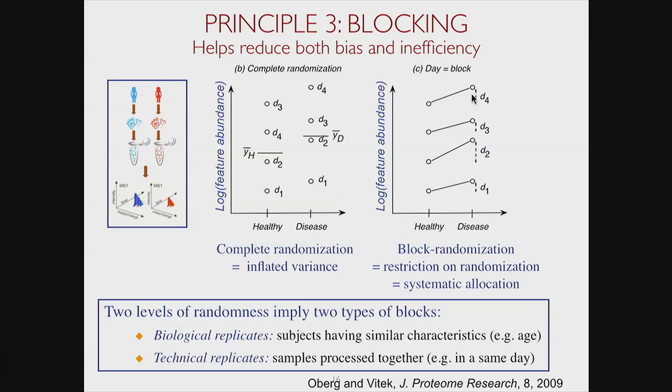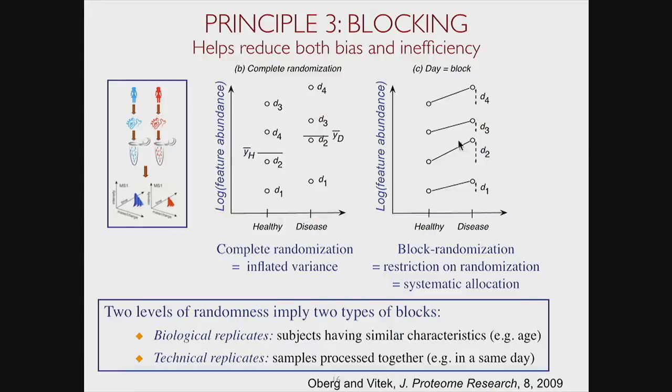They're always systematically higher in disease than in healthy. And so this effectively allows us to eliminate the day effect, because now we study differences within the day as opposed to averages over all the days in every group. So instead of having 8 data points, we now only have 4 differences, but these 4 differences are much less noisy.